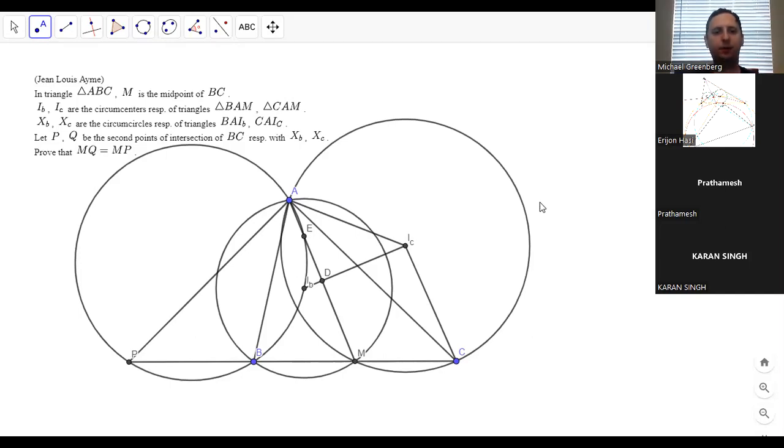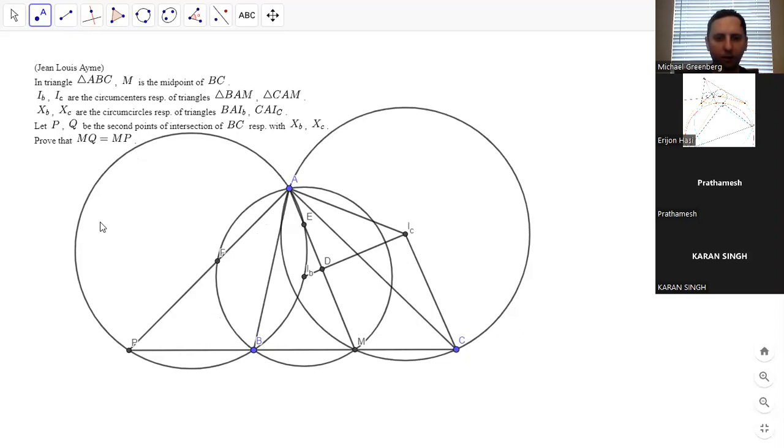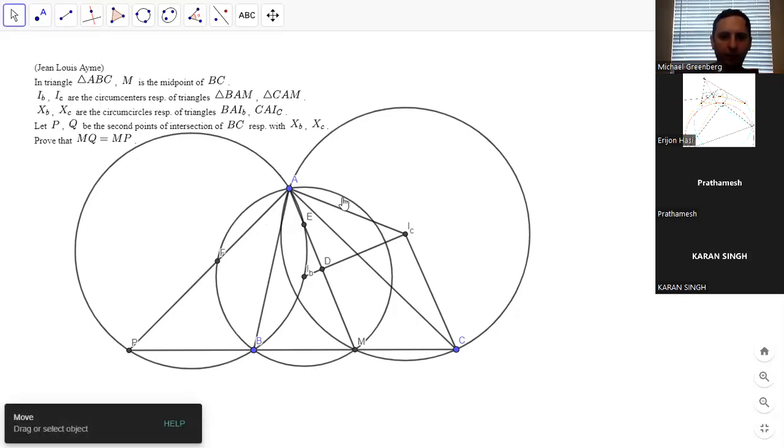And that doesn't seem like it should be that hard. But I don't know how to do it just yet. Is it obvious actually that PAM is isosceles?